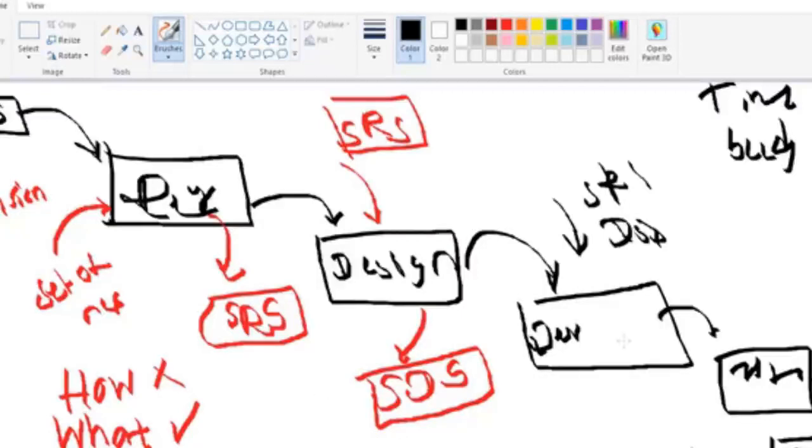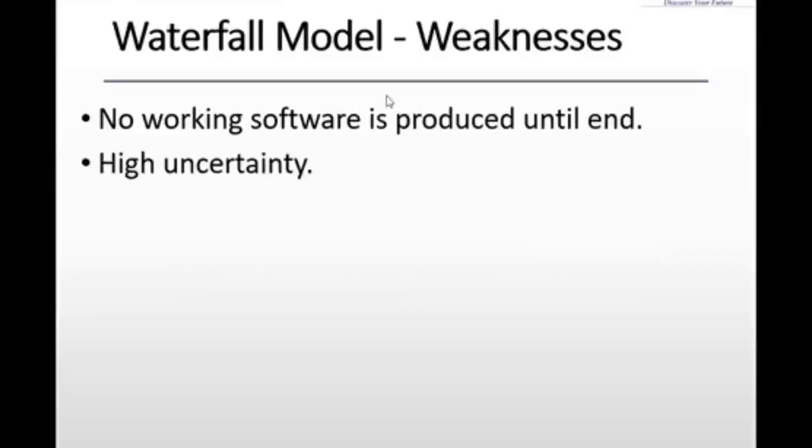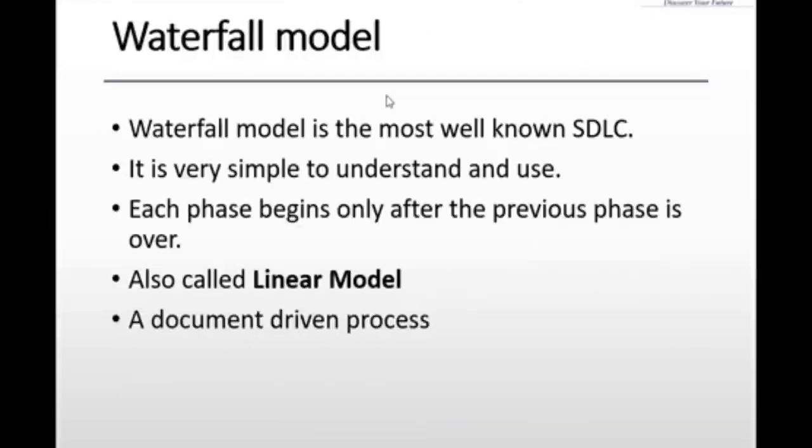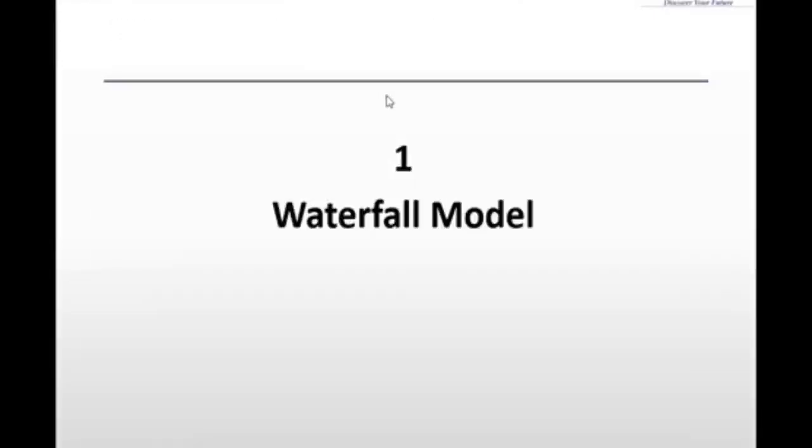That means we are waiting until the latter part of the cycle to check the requirements. What is the issue in that? We cannot go back and do anything. Once we find the issues in the testing phase, we'll take the lecture slide and explain with that one. Then it will be easier.